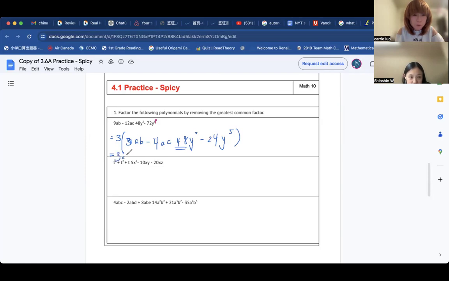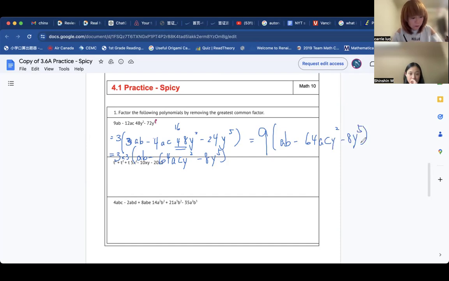So 3 times 3, so AB minus 16, so 64 ACY squared minus 8y5. So something like that. So the answer is 9AB minus 64ACY squared minus AY fifth. Like that. This is the only thing I can be aware of.